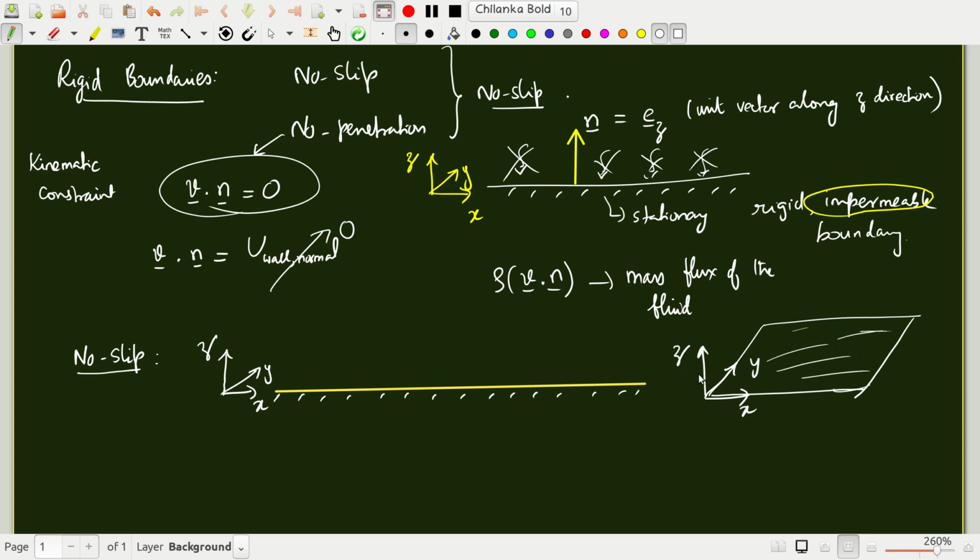Here you have two tangential directions, x and y. If I call these tangent vectors t1 and t2, then the no-slip boundary condition, which is not a fundamental fact like the kinematic normal velocity boundary condition, is mostly observed experimentally. It's basically an experimental fact, not a fundamental principle.